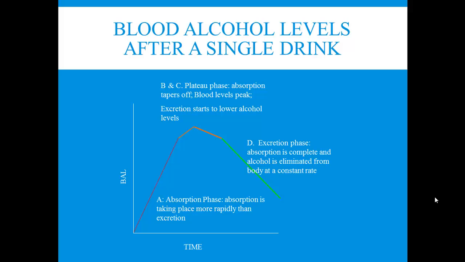Now, what we're seeing on this slide is a curve that's showing you what your blood alcohol levels would look like after a single drink. And when we say a single drink, we are talking about equivalencies across the different types of alcohol. So if you had a standard shot, or a glass of wine, or a beer, you're adjusting for the different concentrations of alcohol in those various solutions.